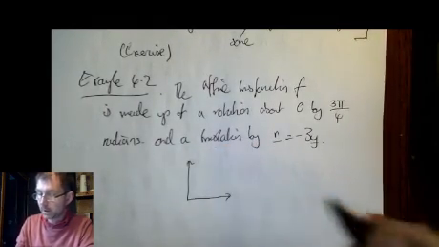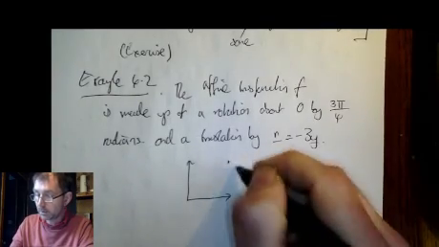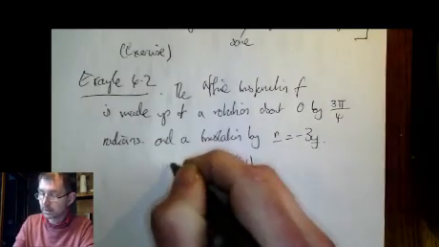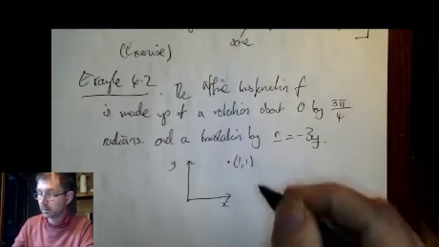So we can see what happens to a point (1, 1), for example. This is the x-axis and y-axis.